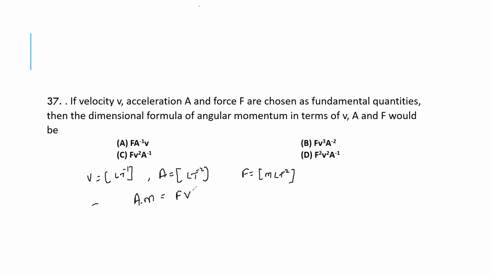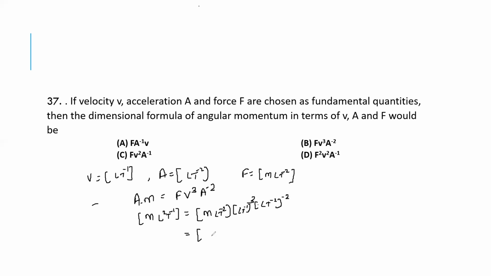So here I'll take option B, that is F v cube a raised to minus 2. Angular momentum is m L raised to 2 t raised to minus 1, which is equal to F, that is m L t raised to minus 2, into velocity, L t raised to minus 1 whole raised to 3, and then next we have acceleration, L t raised to minus 2 whole raised to minus 2.